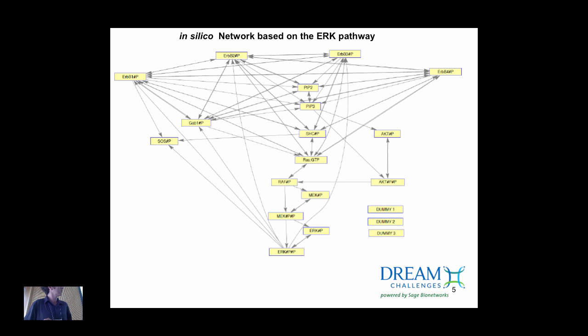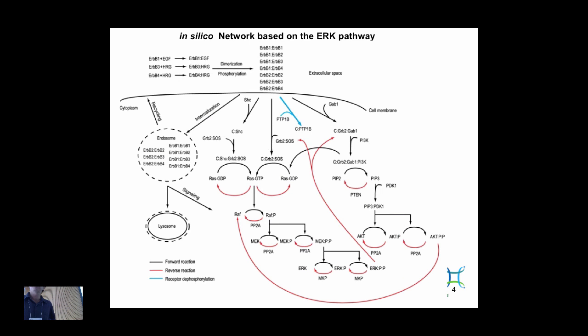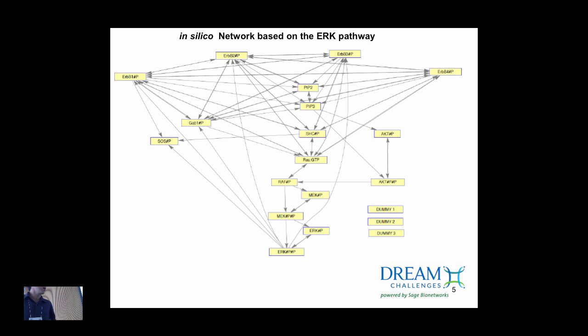So this is the gold standard network that we used to calculate the difference between your predictions and the network. It's based on a real biological network that was transformed into another network.